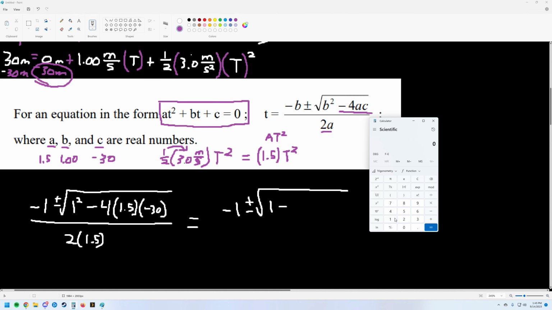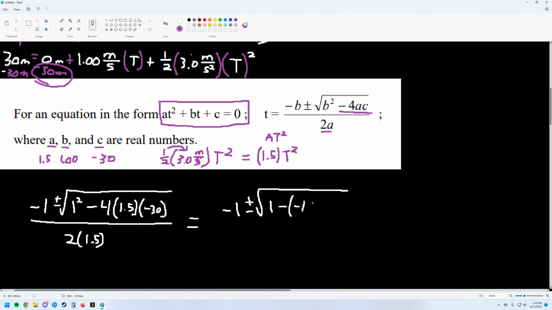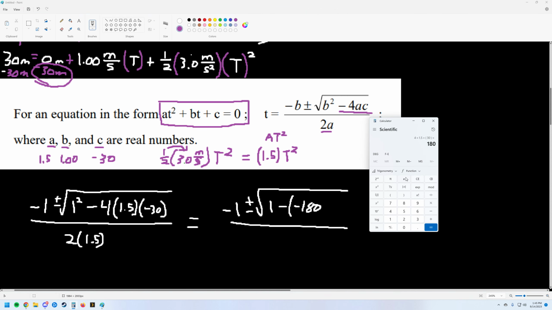If we simplify this, we get negative 1 plus or minus the square root of 1, because 1 squared is 1, minus 4 times 1.5 times negative 30. Well, that didn't work. It's negative 180. That's what you should have had. And all of that is going to be over 2 times 1.5, which gives you 3.